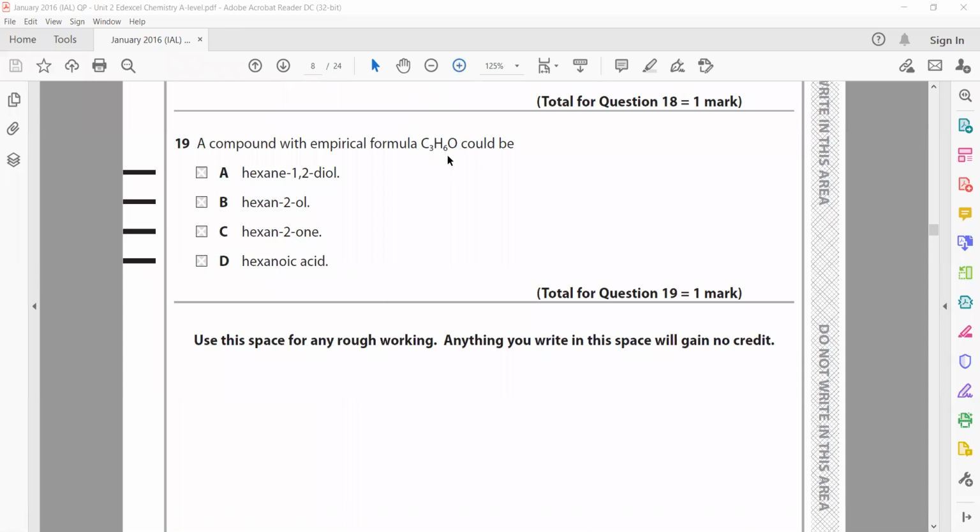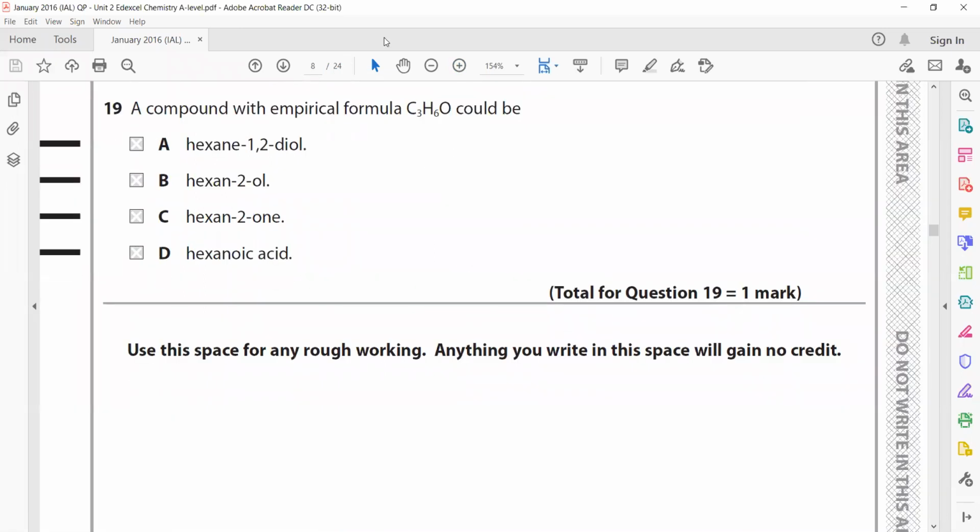Question 19, a compound with empirical formula C3H7O. When we write the molecular formula of hexane-1,2-diol, hex means 6 carbon, and OH groups on the first and second carbon.